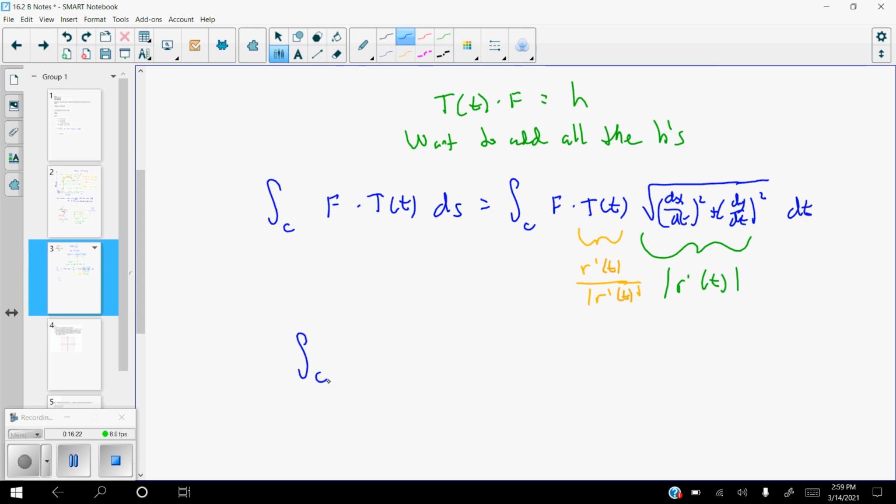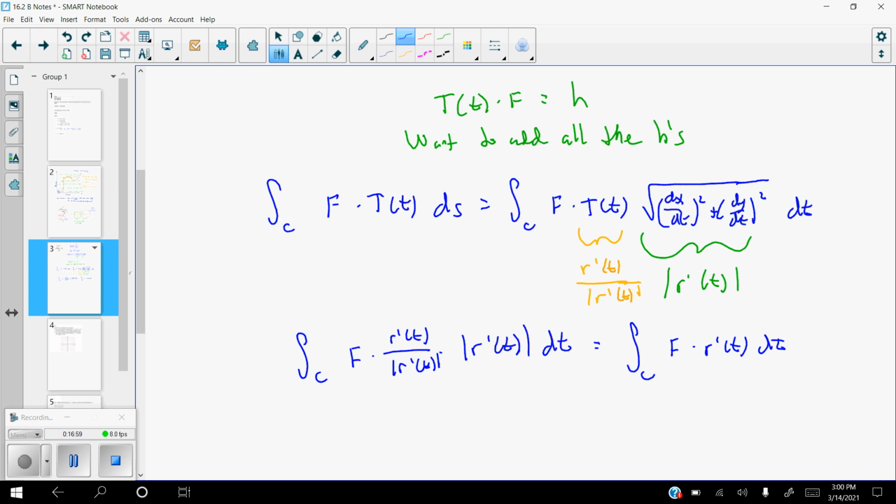So we have the line integral of F dotted with r prime of t over the magnitude of r prime of t, times the magnitude of r prime of t dt. Forgot the extra bar there. So the magnitudes are going to cancel out, which simply leaves us with the line integral over C of F dotted with r prime of t dt.